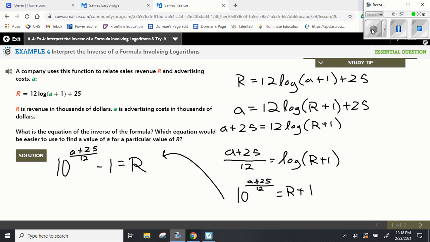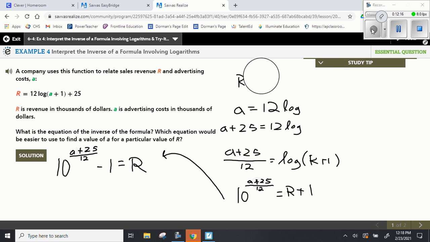Now, this is great. This is the inverse. But what this is actually asking for is something different. When we did this switch here, we didn't need to actually switch those variables.